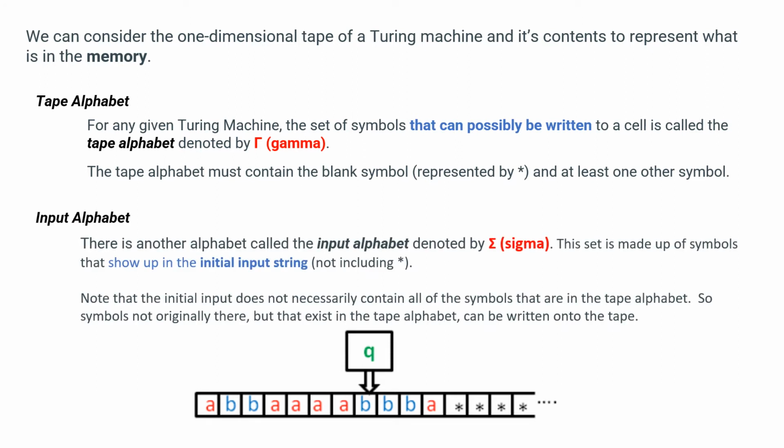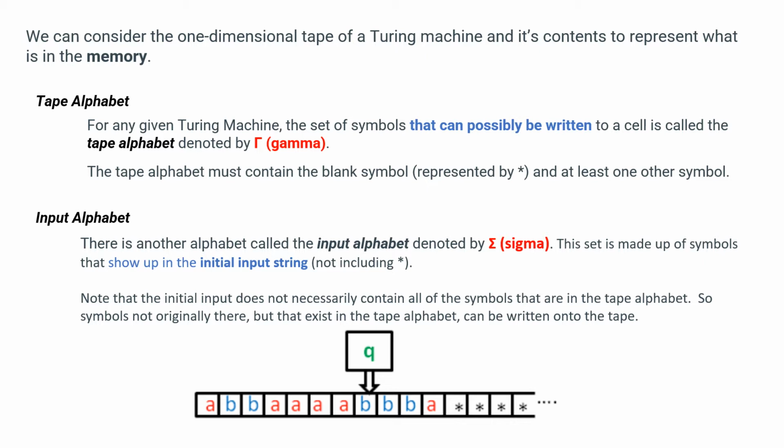There's also the alphabet called the input alphabet, represented by sigma, and it's just made up of the symbols that show up in the initial input string. So maybe at first all you see are A's and B's, but maybe there are capabilities for that Turing machine to also add in C's and D's, right?